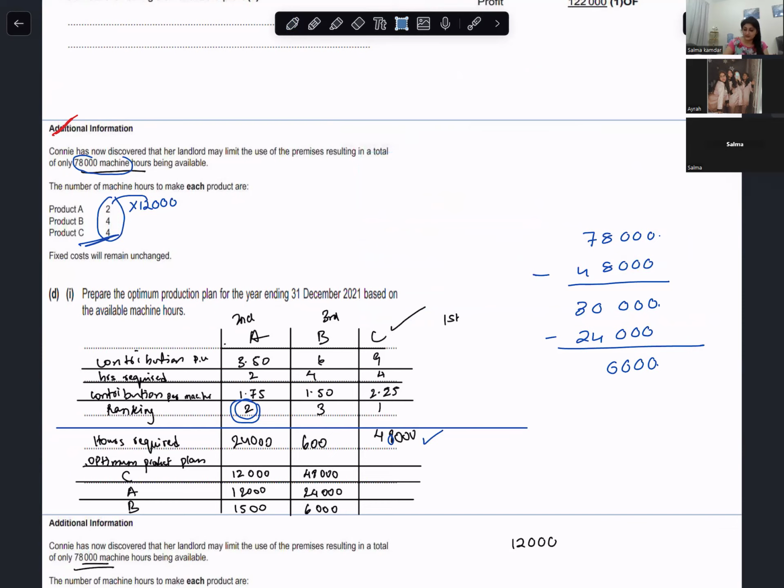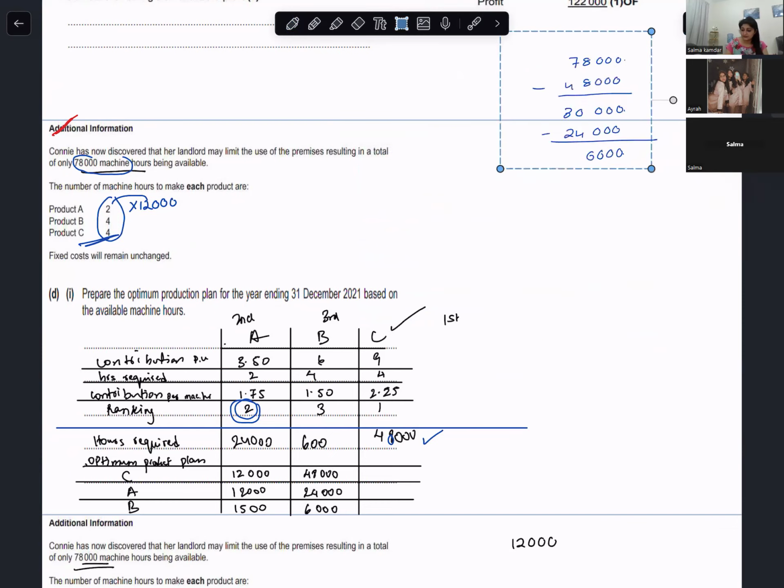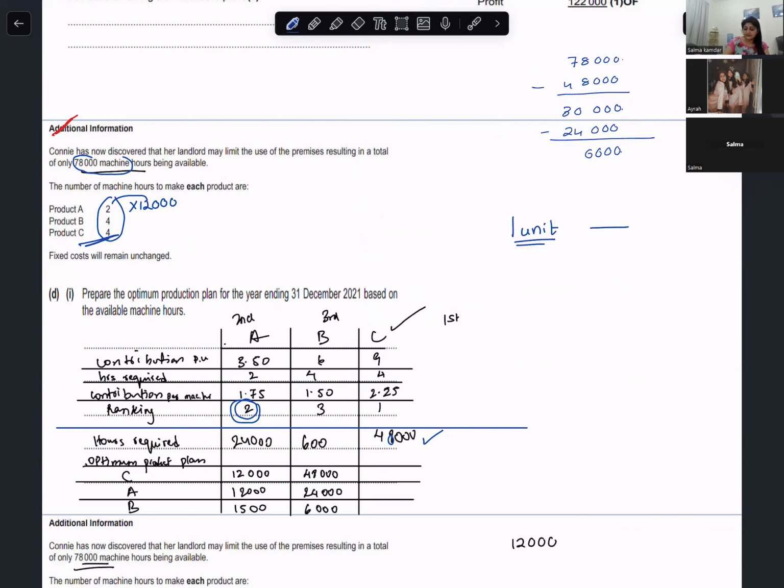So how many units of product B will you make? For 1 unit of product B, you need 4 hours. How many hours do you have? 6,000 hours.